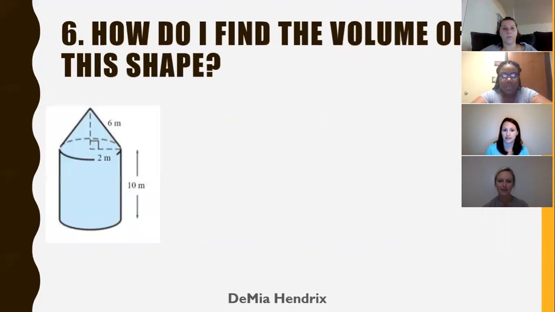All right, Demia, how do I find the volume of this shape? Okay, so when you're looking at this shape, you see that you have 2 different shapes, so you're going to look at them separately. For the cylinder, you have pi times r squared times the height. So you have pi times 2 squared times 10, which will give you 125.6 meters.